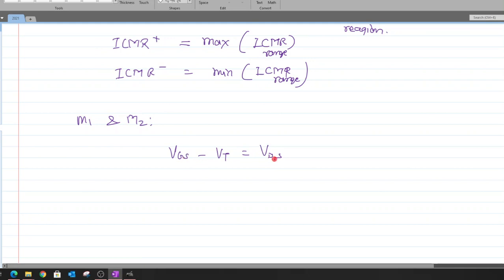In this case the source is on both sides, which we can cancel, because we know that VGS can be written as VG minus VS, as well as VDS can be written as VD minus VS. So we can cancel the source potentials and we end up having VG minus VT equal to VD as the minimum voltage.